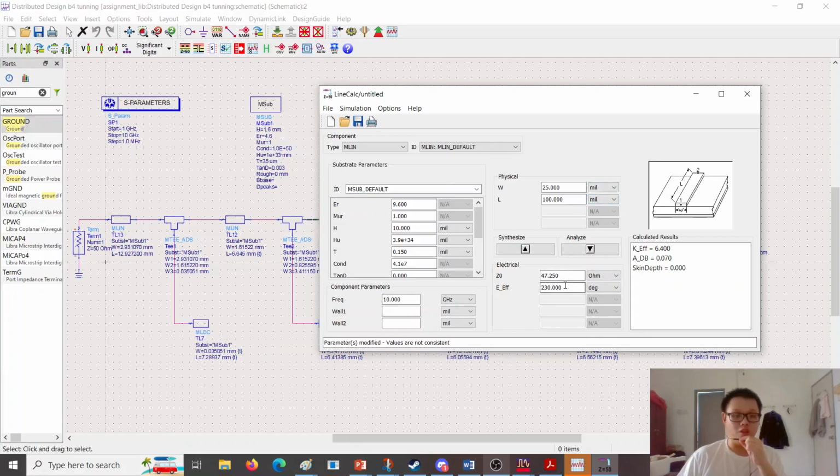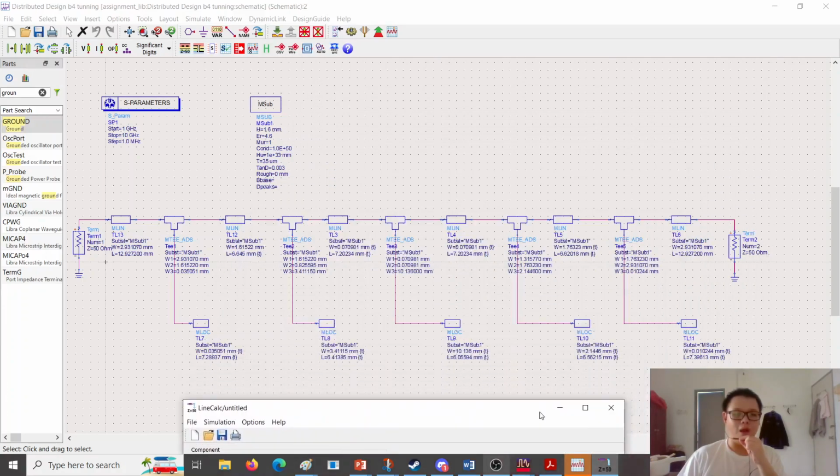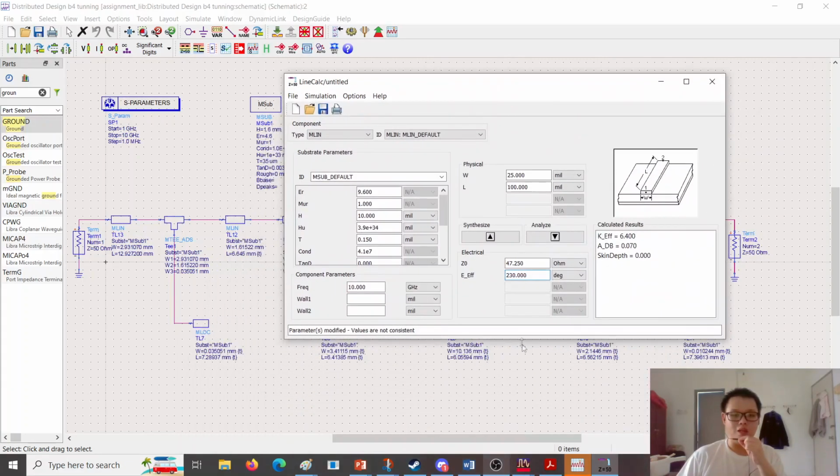For the Z naught here is the result given by Chang Chun Han, and we can just put the number here. And if we want to find the front and the back, which is this MLIN and this MLIN, we just put 90 degrees here.